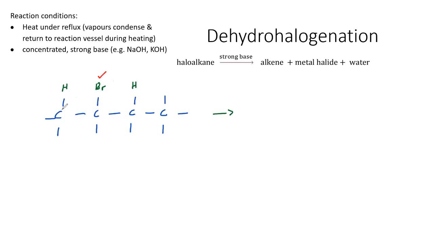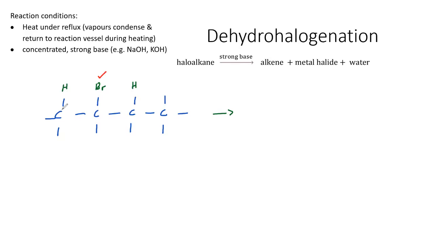Now, I need to introduce you to something here. When you dehydrohalogenate, you're going to form two products. One of them is called a major product. The other one is called a minor product. So what do I know?